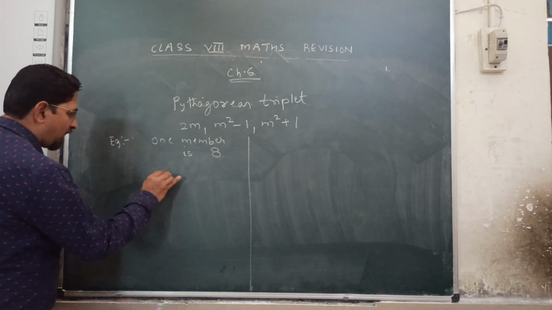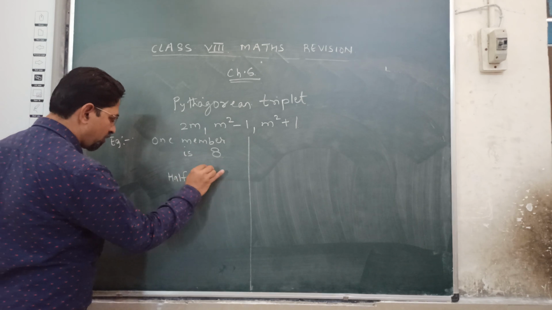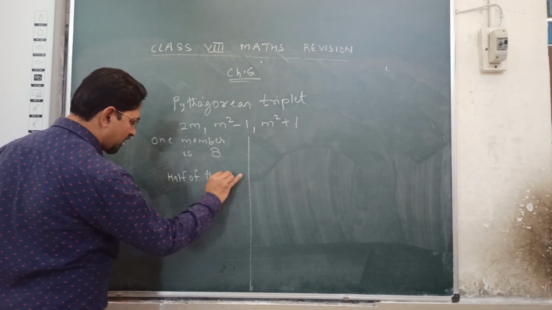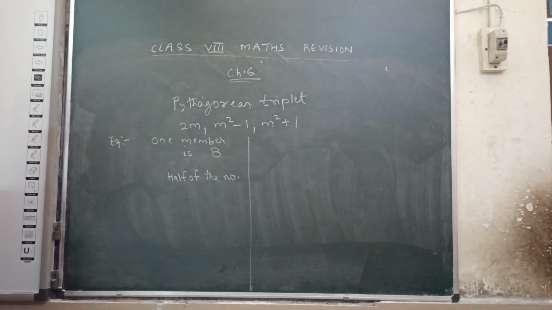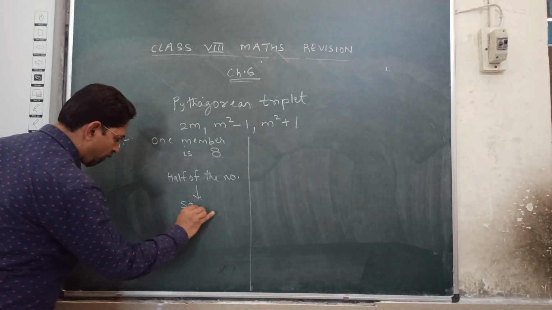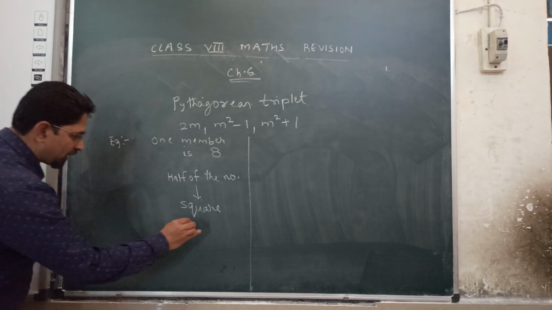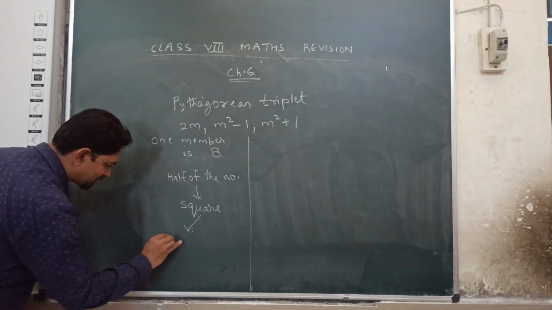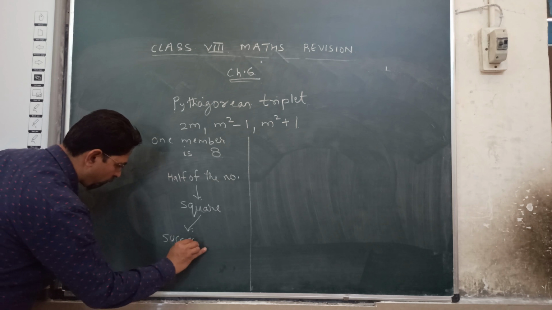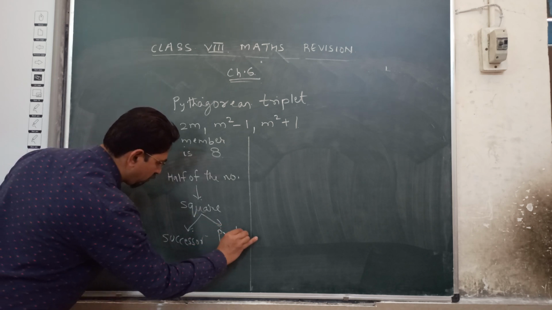First step is half of the number. Then write the square of this number. Then write its successor and predecessor.